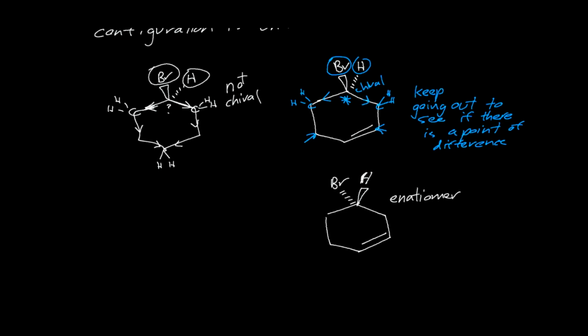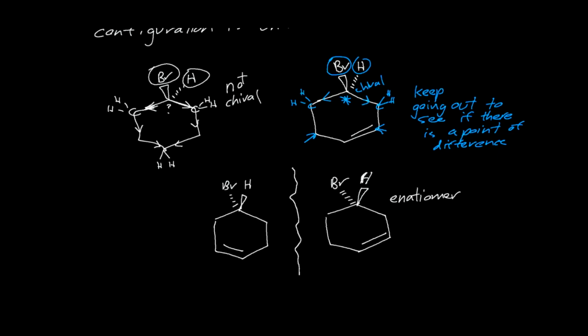Another way to look at it would be, I could draw the non-superimposable mirror image of this, pretending I have a mirror in between. So the mirror image of that is this.